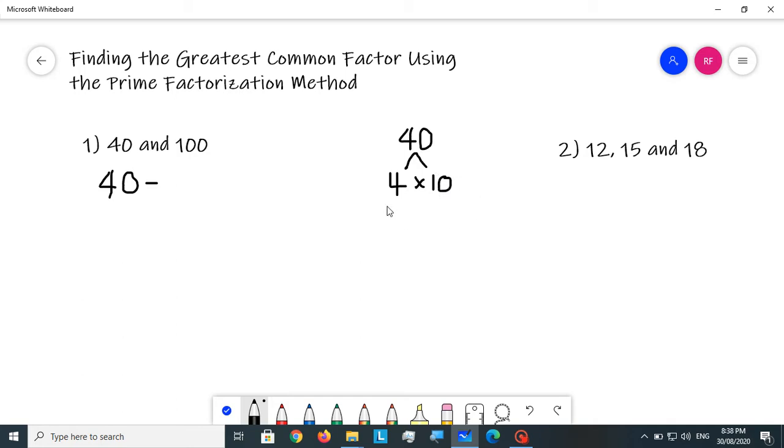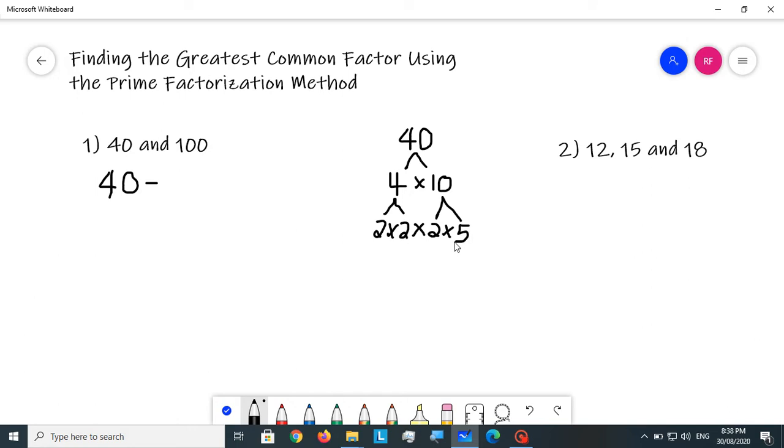Here, 4 is not a prime number, it is a composite number. That means we can still get the prime factors of 4, as well as 10. The prime factors of 4 would be 2 times 2, and 10 would be 2 times 5.